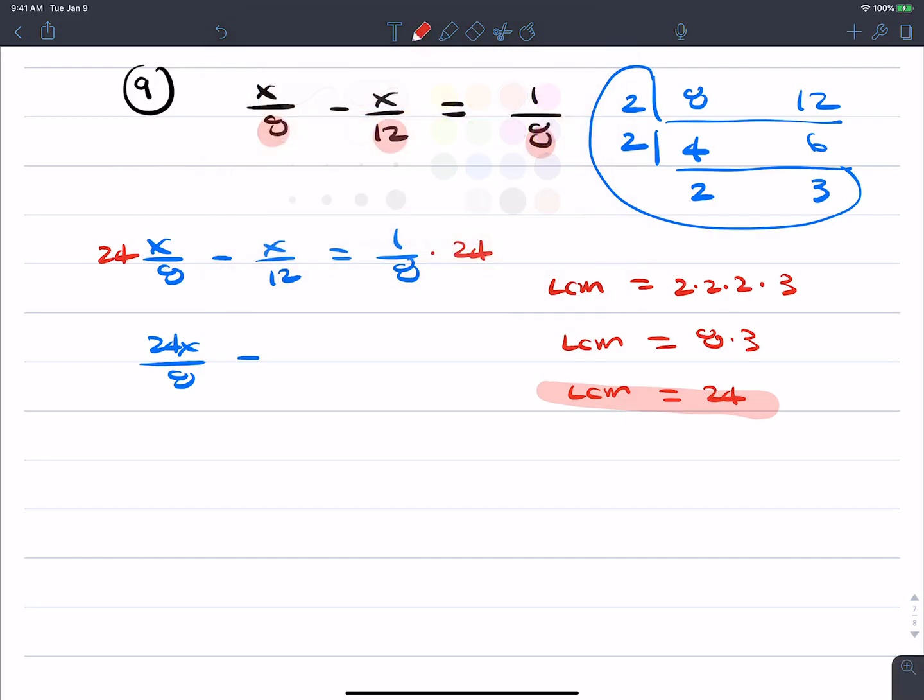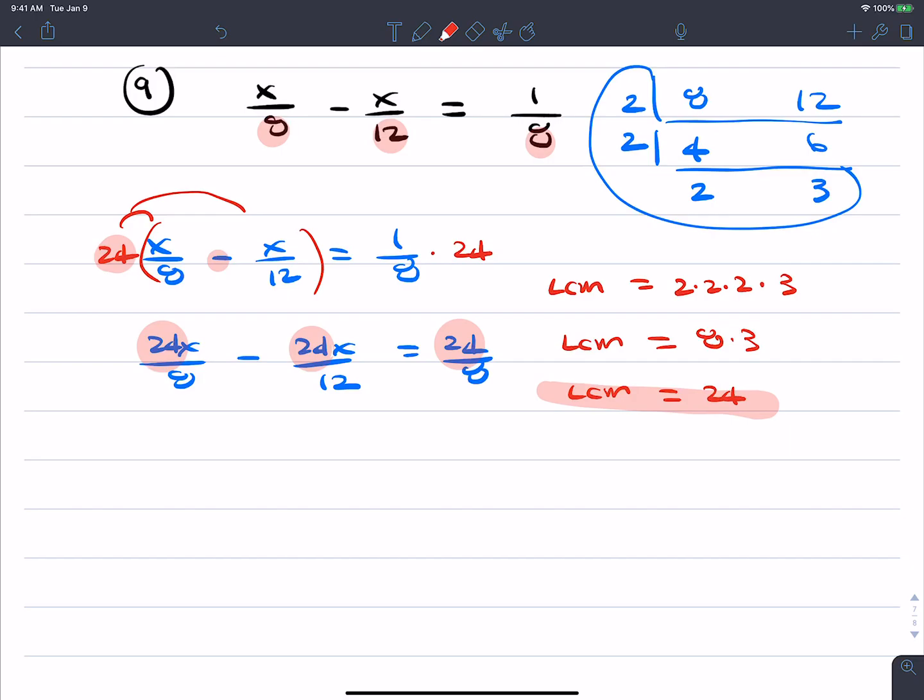Don't do what I just did. Both sides, you have to distribute. So this 24 gets multiplied to both terms because I have a difference here. So that'll be 24x over 12. And this is 24 over 8. So let me show you guys here how that 24 is multiplied to every term.